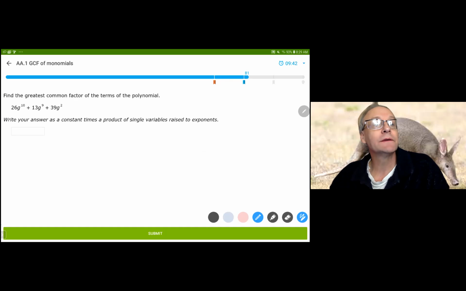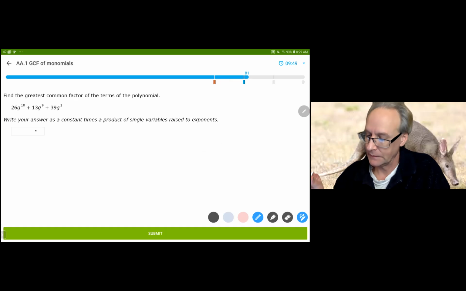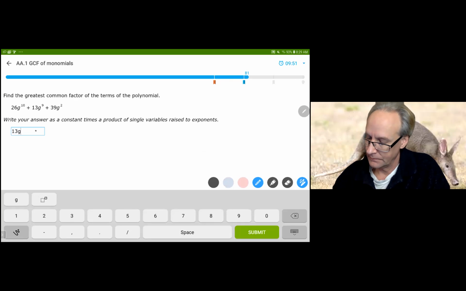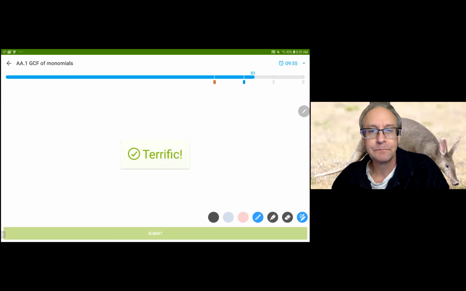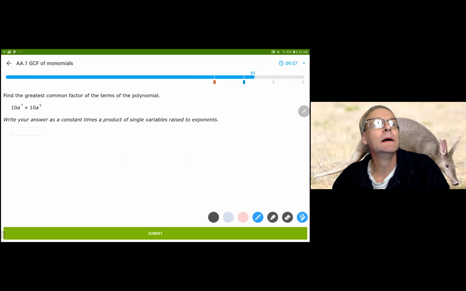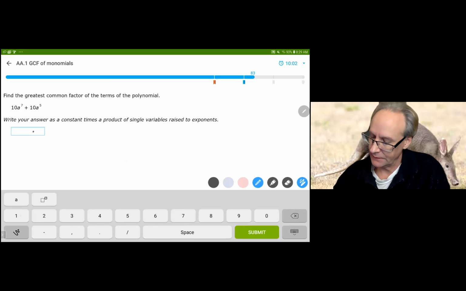Right, we've got a 13 that goes into all three, and the smallest exponent is the g squared, isn't it? 10 goes into both, and a to the fifth is the smallest exponent.